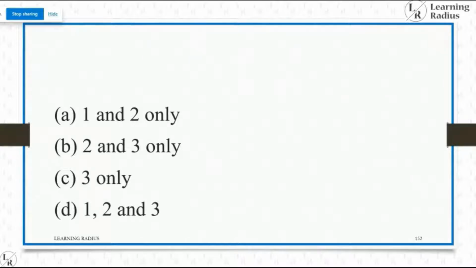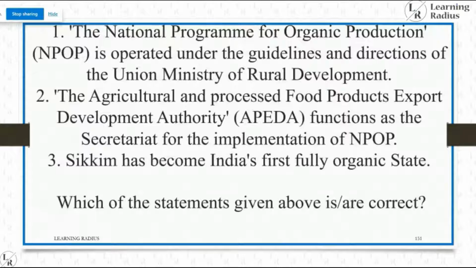And if you look at the statements, you can understand the National Program for Organic Production, NPOP, is operated under the guidelines and direction of the Union Ministry of Rural Development is wrong. The Agricultural and Processed Food Products Export Development Authority, APEDA, functions as the Secretariat for the implementation of NPOP is right.